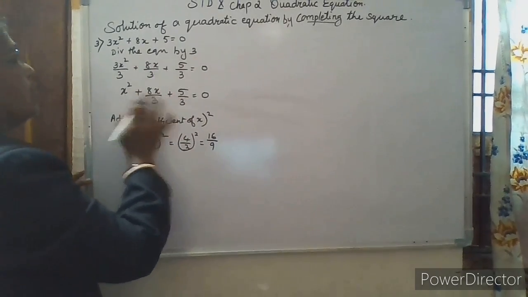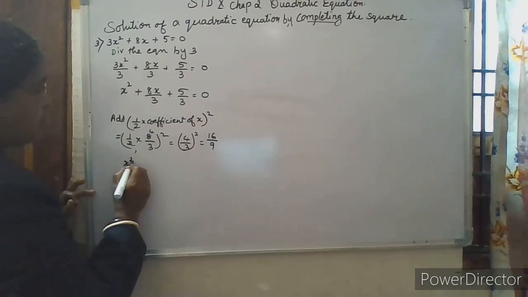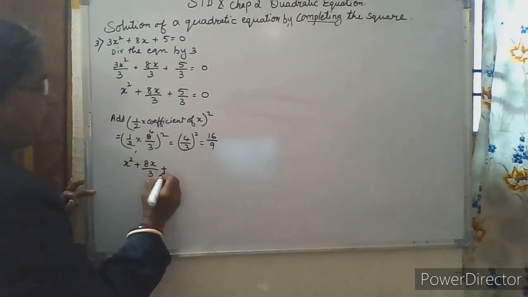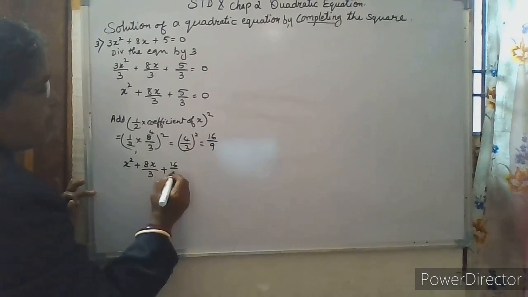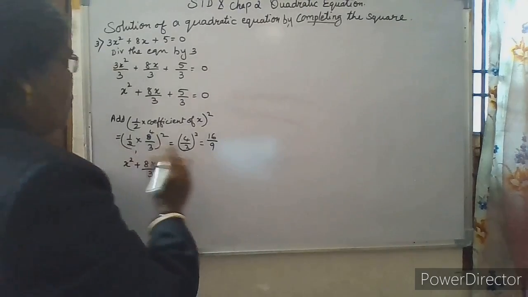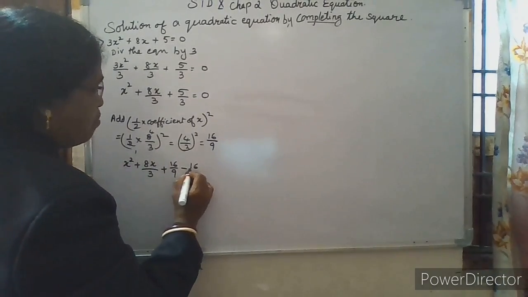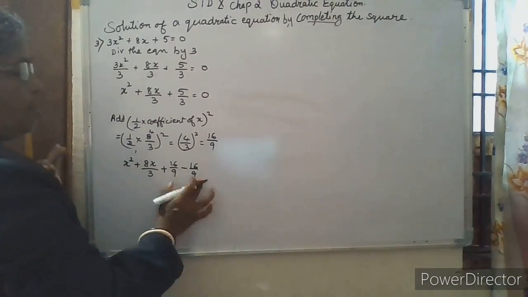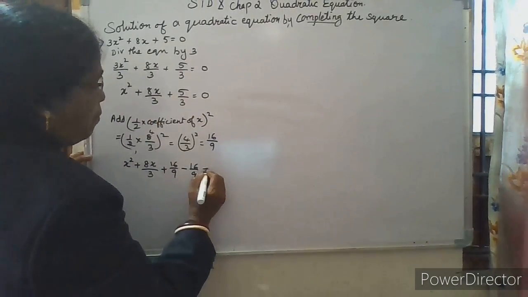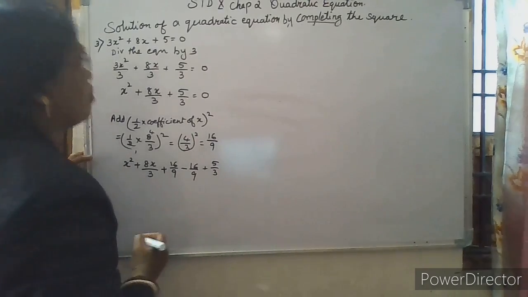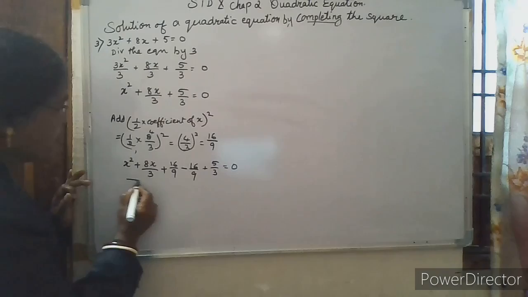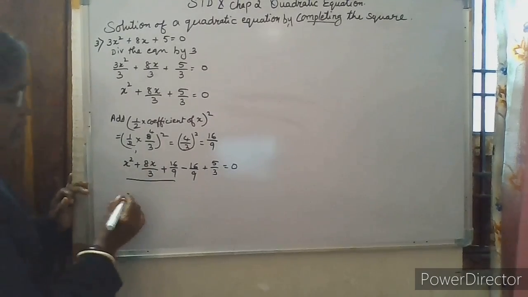Now here, take this equation: x squared plus 8x by 3 plus 16 by 9. The positive number must be written first, then the negative number, minus 16 by 9. Both are the same number, opposite signs. Then plus 5 by 3, what is given in the question, equal to 0. Now these first three terms form a perfect quadratic expression.